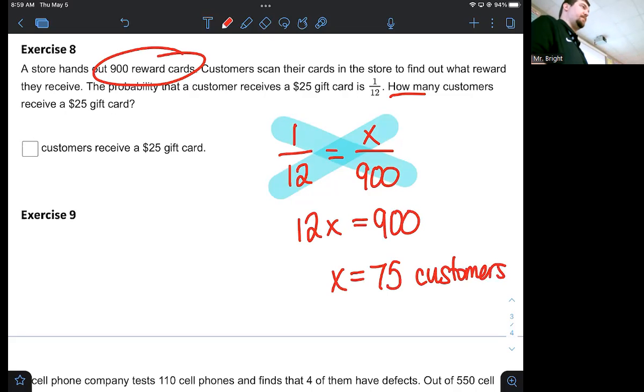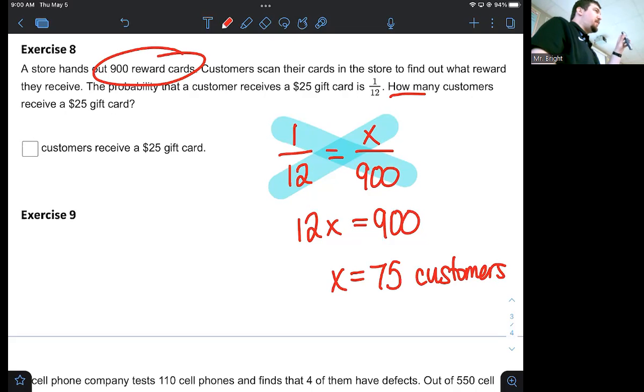There is another way. I'd be perfectly fine on your quiz tomorrow with you doing this second way. The other way involves us using a decimal and just multiplying. No dividing at all. Well, actually, there is some dividing. The dividing happens when you change the fraction to a decimal. So the probability fraction of 1/12 as a decimal, 1 divided by 12, is 0.083 repeating.